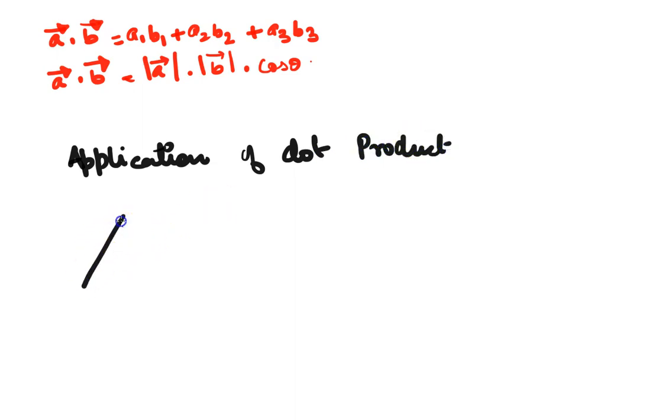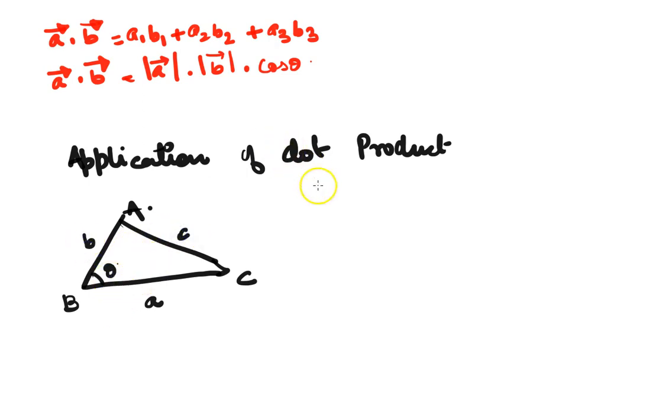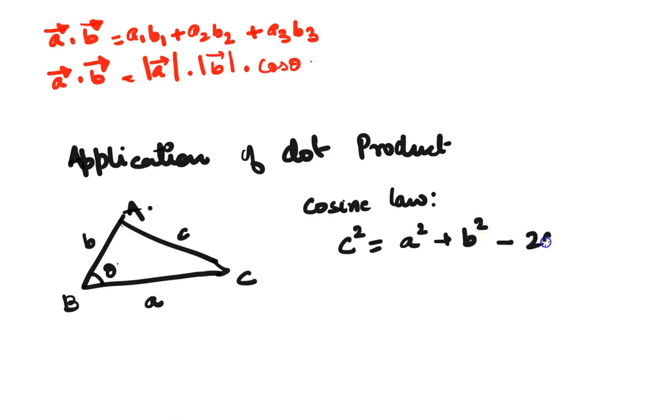If you have a triangle ABC with angle theta, and A, B, and C as the lengths, then there's the cosine law, which says that C square equals A square plus B square minus 2AB cos theta.